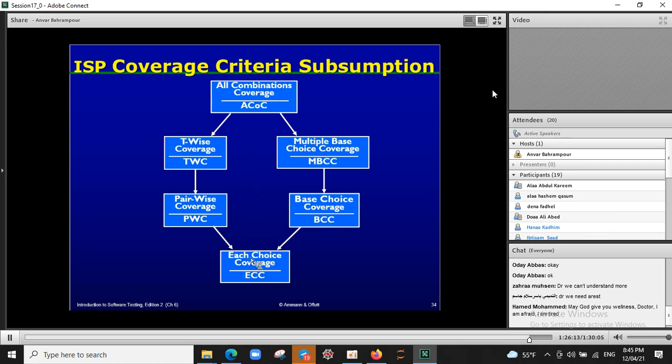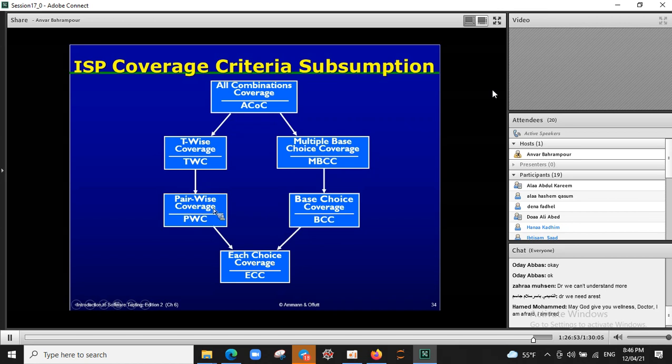So there are some other coverage criteria between these 2 criteria. At the left hand side, you could see pairwise and t-wise. As you learned, t-wise is an extension of pairwise, and we told about the characteristics of these coverage criteria.